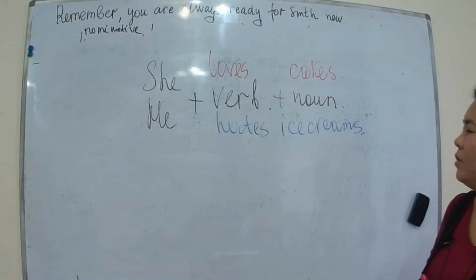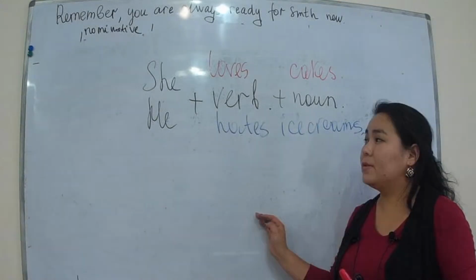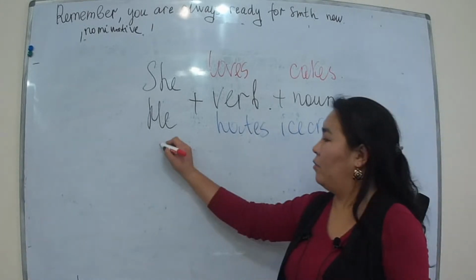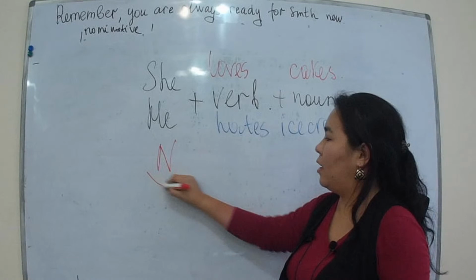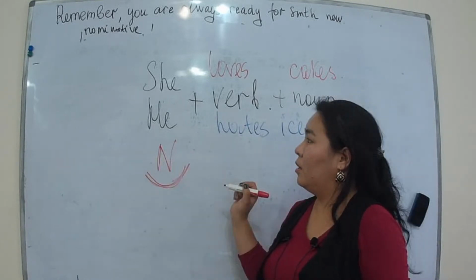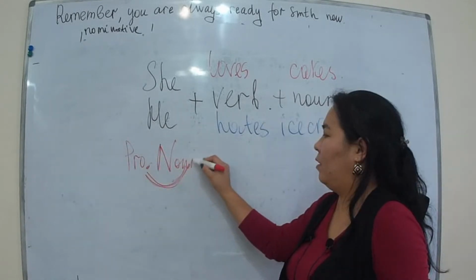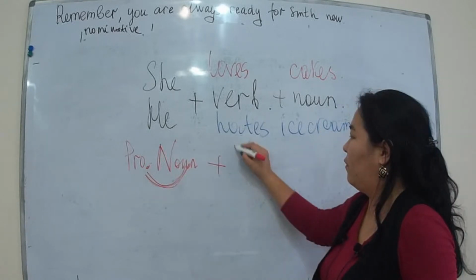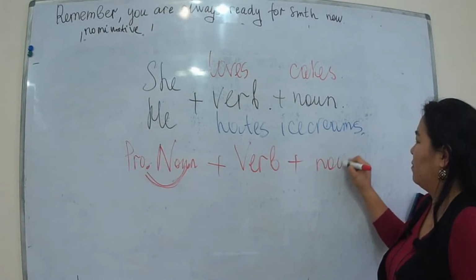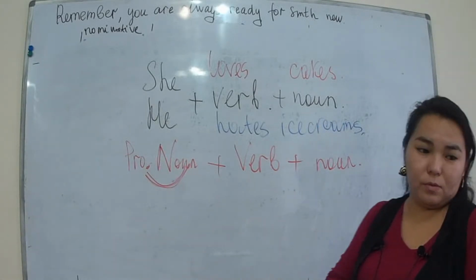So here you can see that in English, when we use pronouns, it has the logic, and you can see that first we use the pronoun plus verb and plus noun. It is the first form how we use pronouns.